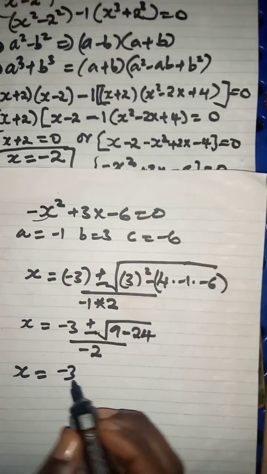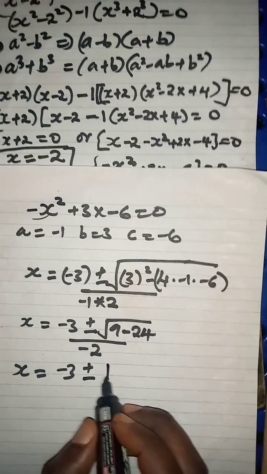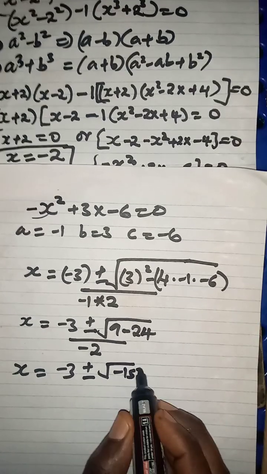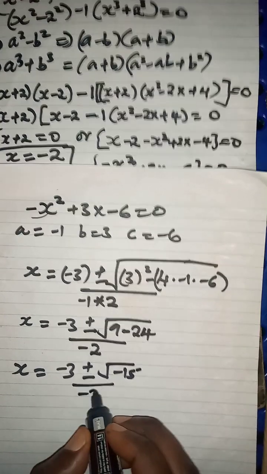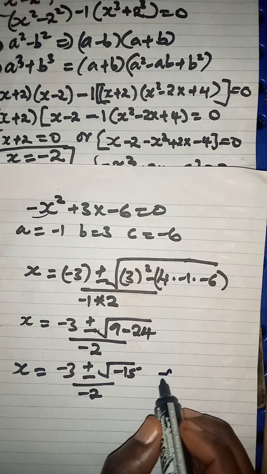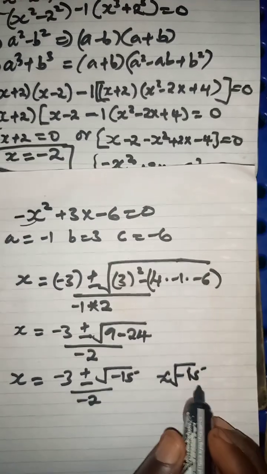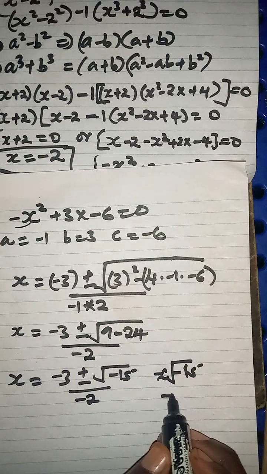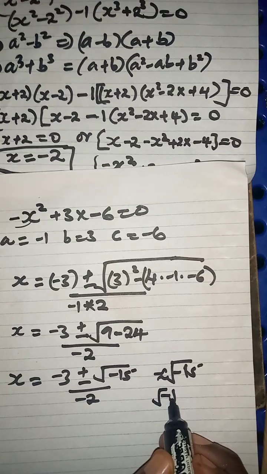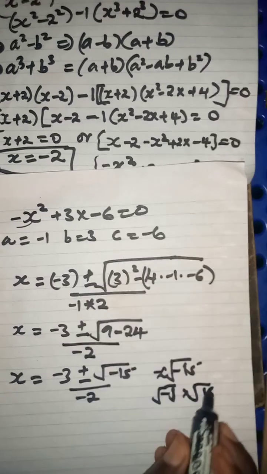So it comes as x equals negative 3 plus or minus the square root of negative 15 all over negative 2. Of course, the square root of negative 15 I can separate as the square root of negative 1 multiplied by the square root of 15.